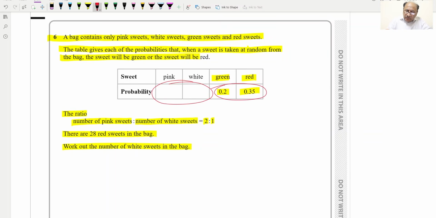These two are given, so we can write 1 minus pink and white.